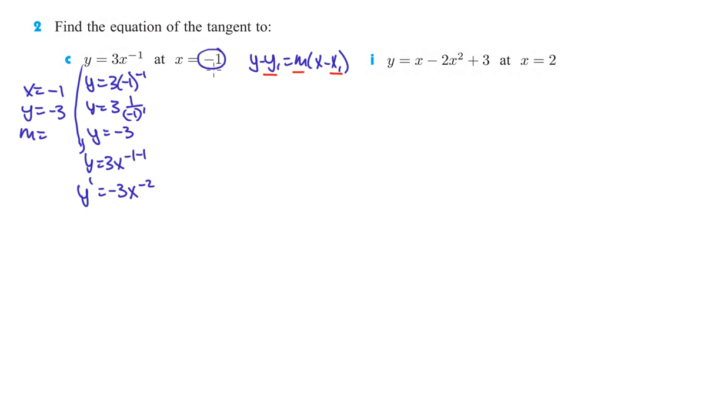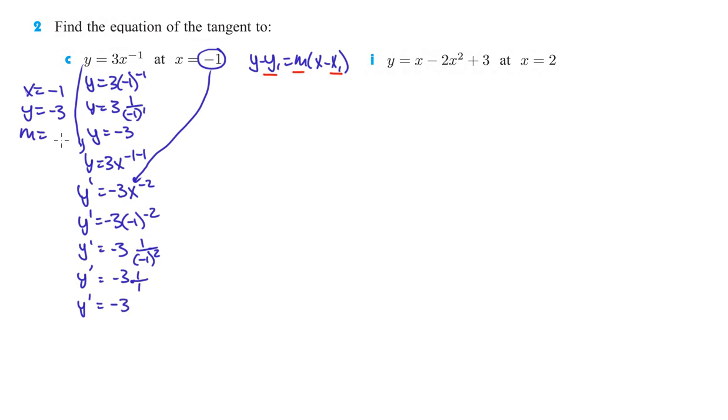So to find our slope, this -1 is going to go in for this x here. So we get y prime equals -3 times -1 to the -2nd power. So that's really 1 over -1 squared. So -1 squared is just going to turn into 1 over 1. So our y prime is just simply going to be -3, which is going to be our slope.